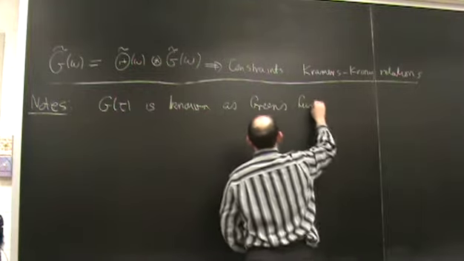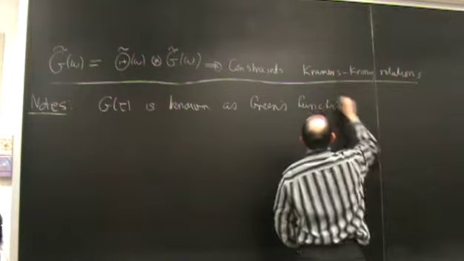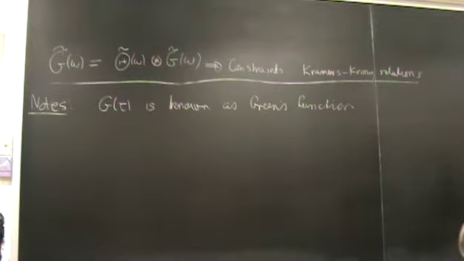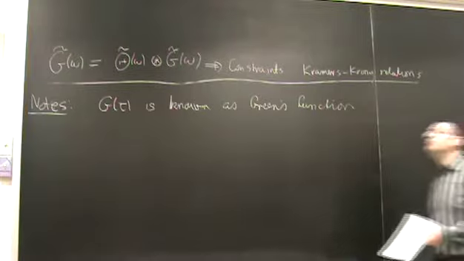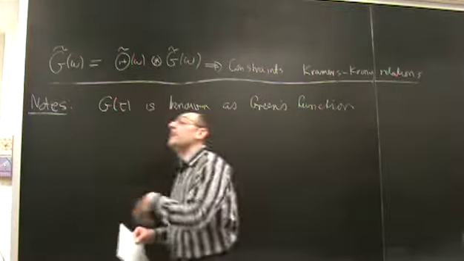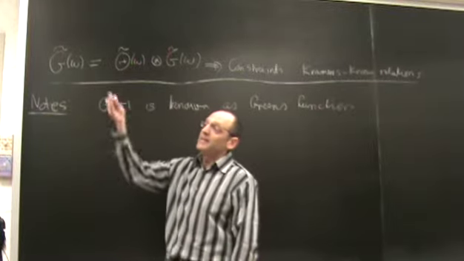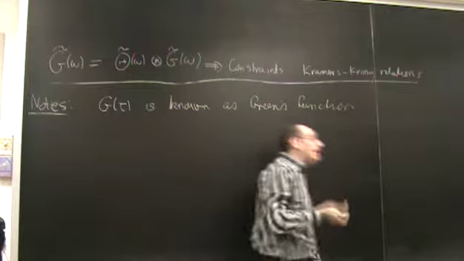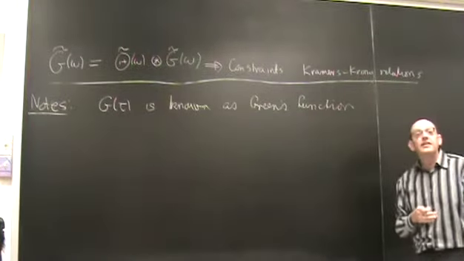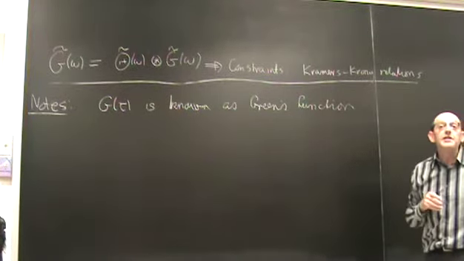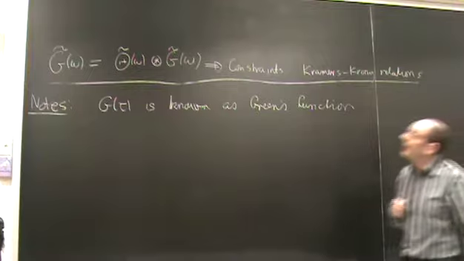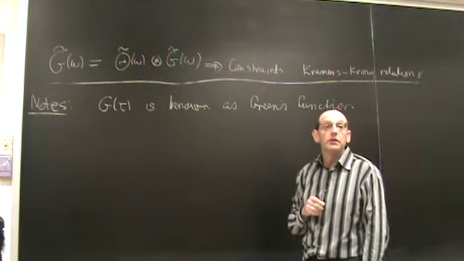Why is it known as the Green's function? Well, there's some differential equation, a linear differential equation in this case, which relates the input to the output. And G is the Green's function of that differential equation. Let's look at that in a little bit more detail.